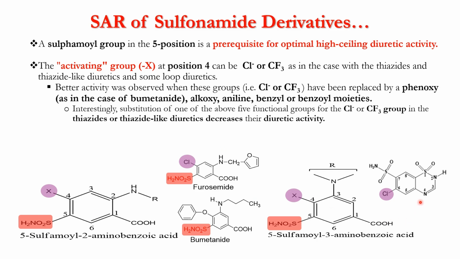Then if we replace the chloride and trifluoromethyl groups with other substituents like phenoxy groups, as in bumetanide, or with alkoxy, anilide, benzyl or benzoyl moieties, the phenoxy group can act as an electron withdrawing group.